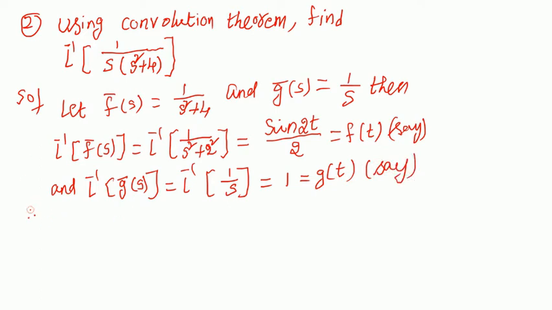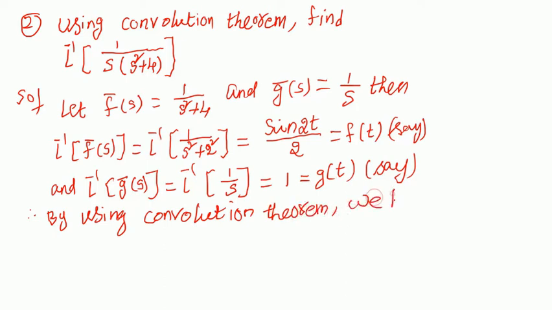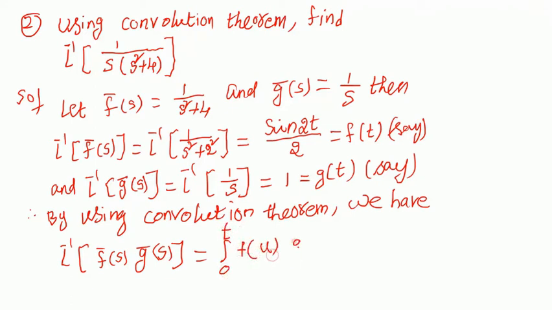So therefore by using convolution theorem, we have L inverse of f bar of s into g bar of s is equal to integral 0 to t f of u into g of t minus u into du, right?